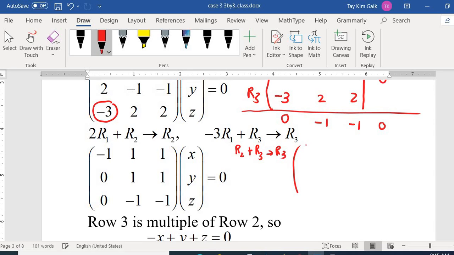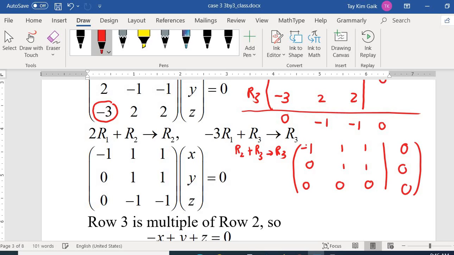There's no change on row 1 and no change on your row 2. After you add these two, 1 minus 1, you get 0, 0, 0. That's why from 3 unknowns with 3 equations, we reduce to only 2 equations. That's why the calculator gives you infinitely many solutions.